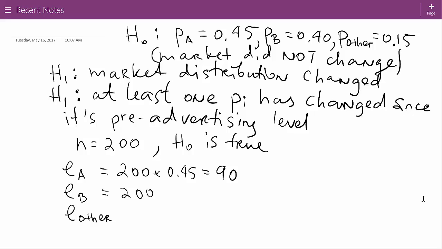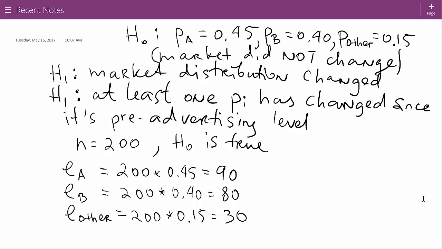So if null is true, then of the 200 people I surveyed, 40% of them should still like company B, correct? So I multiply that by 0.40, and what's that? What's 40% of 200? 80, right? 80 people should say company B, and other, that's 200 people multiplied by 15%, and that should give me 30 people, right? This is what I should see in my sample if null is true and market did not change even after advertising, okay?